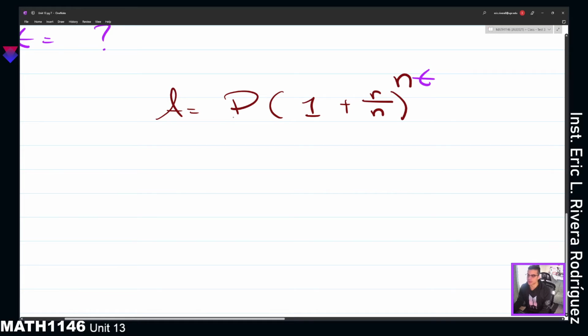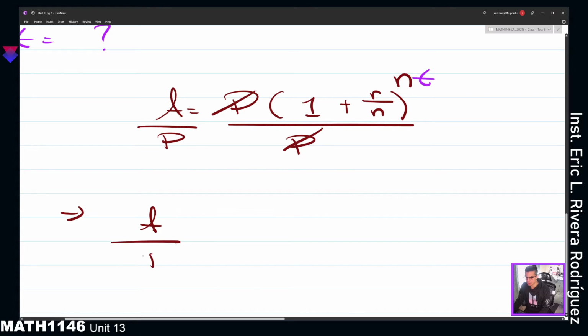First thing that I will do is, I have an exponential expression on the right side, but that exponential expression is being multiplied by the factor of p. So I will divide both sides by p. I cancel here, and now I have A over p equals 1 plus r divided by n to the nt.